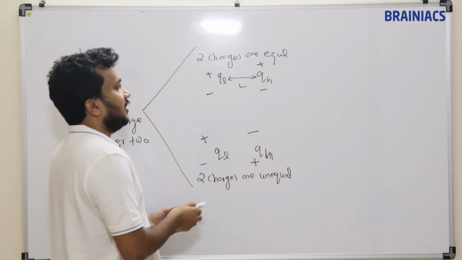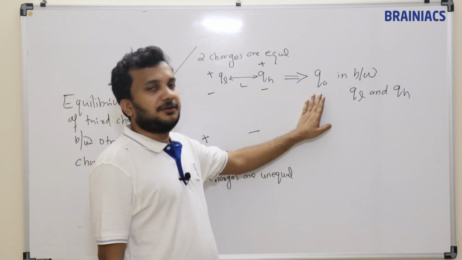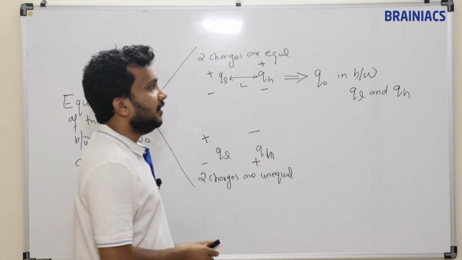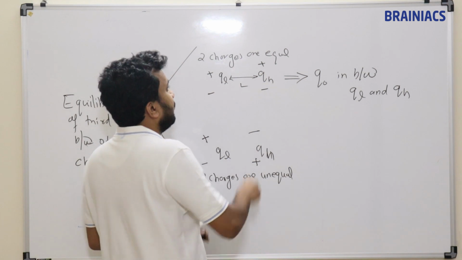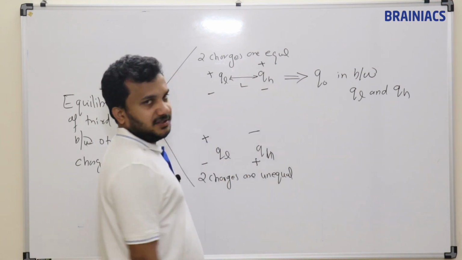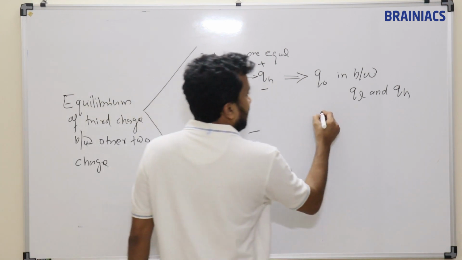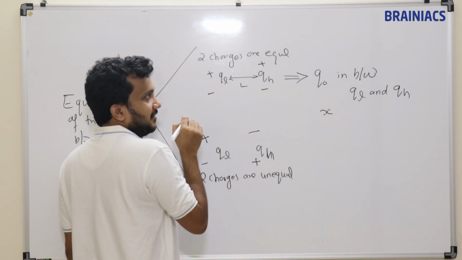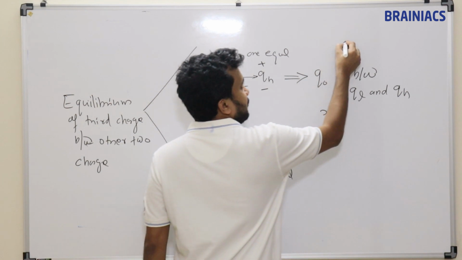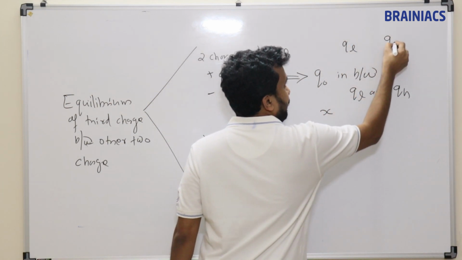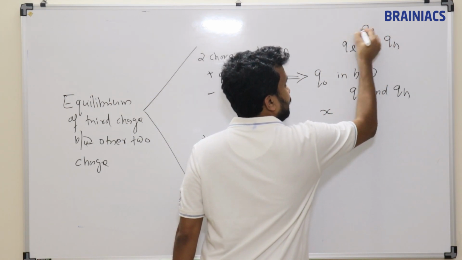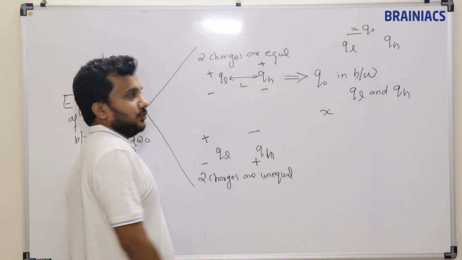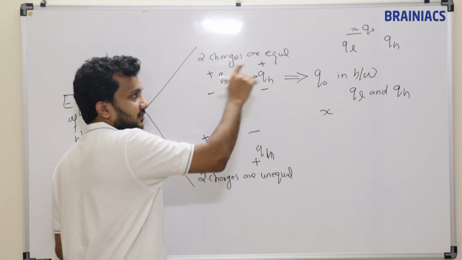Now the third charge Q0, where do we have to place it? Q0 has to be placed in between QL and QH when the two charges are equal in sign. And what is the value of x? X is the distance from QL. QL will be here, QH will be here, and I am placing Q0 very near to the lowest charge. So the Q0 position is like this. That is important.